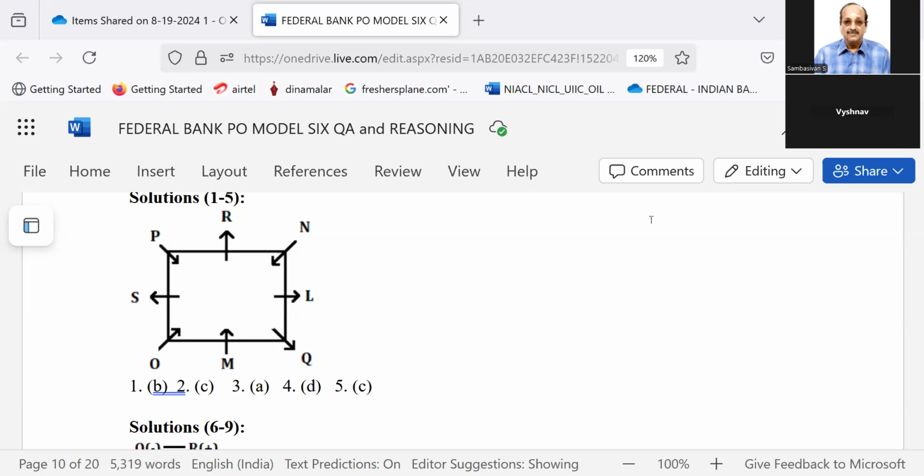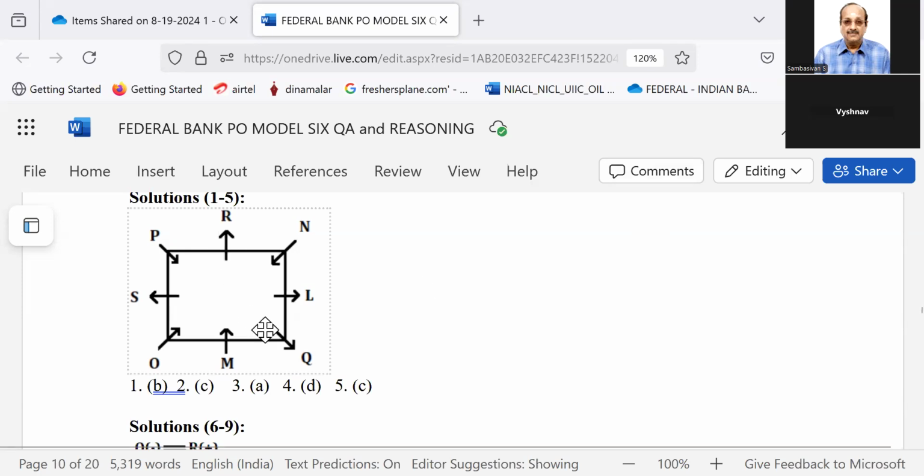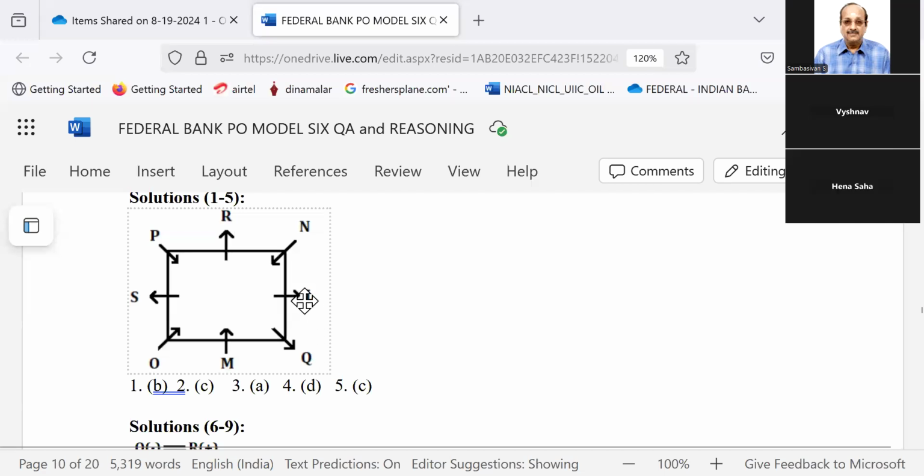Q is facing this side, so L will come here, M will come here. And O and N are facing opposite each other. There is no other place except this place. By one direction, they have given O has to come here, N has to come here, and P is coming here, and he is facing the opposite direction.